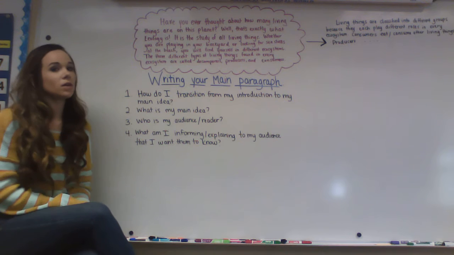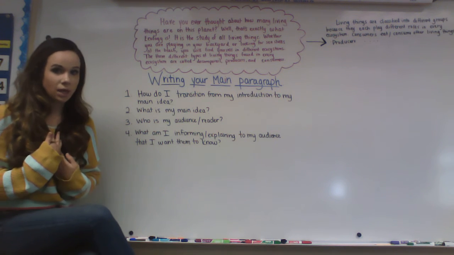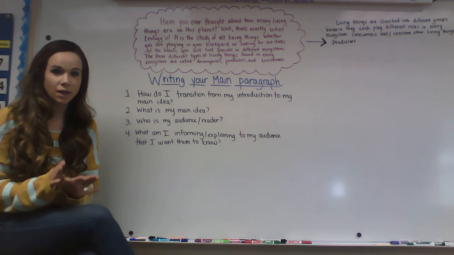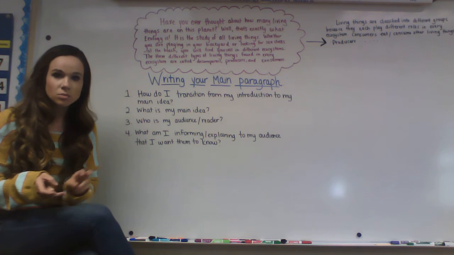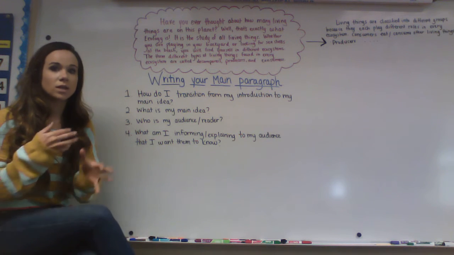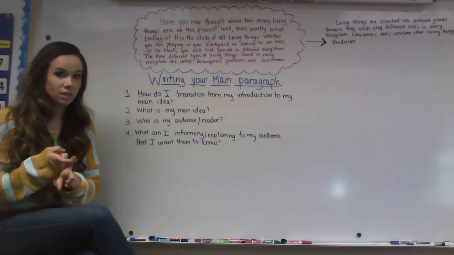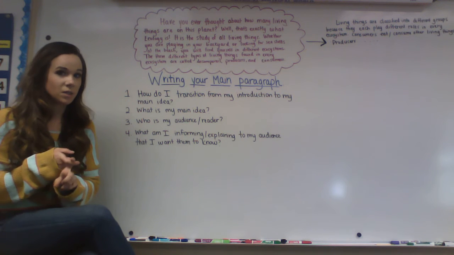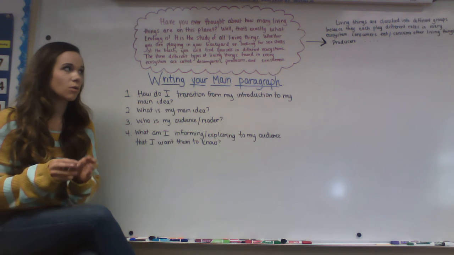The next question I want you guys to ask yourself is, what is my main idea? So my main idea is to talk about the 3 types of living things. That's my main idea. That's it. So I want to focus on the producers, the consumers, and the decomposers and what exactly those are. But your main idea might be about a specific ecosystem. Maybe you want to talk about the beach and what you find at the beach. And then maybe you talk about the different animals you see there or whatnot.